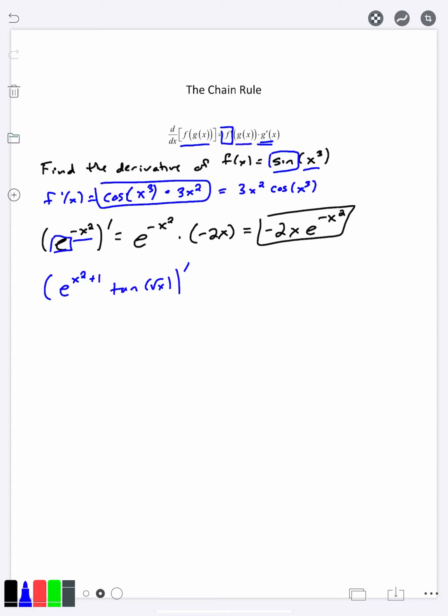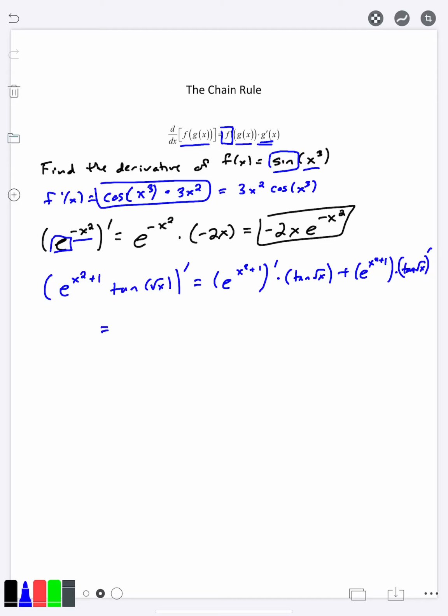So we're going to say the derivative of the first, e to the x squared plus 1, times the tangent of square root of x, plus the first, e to the x squared plus 1, times the derivative of the second, tangent root x.